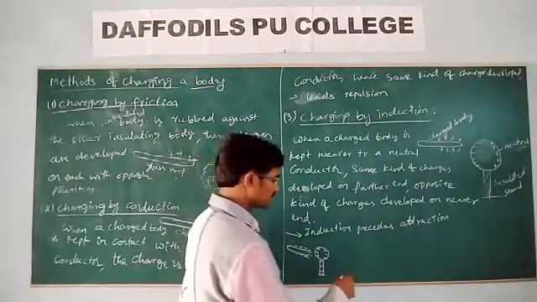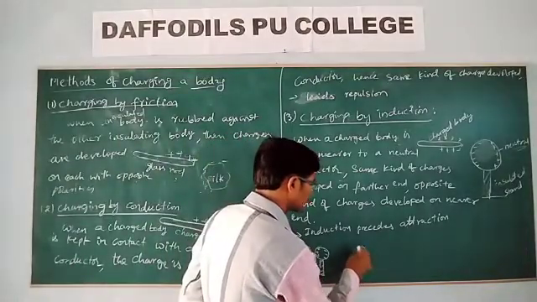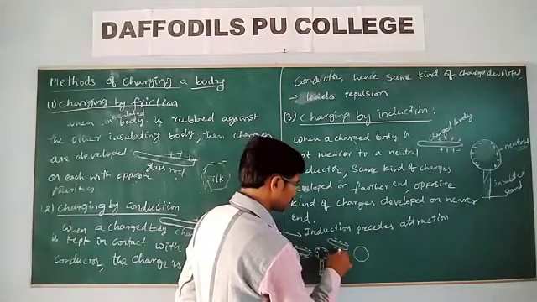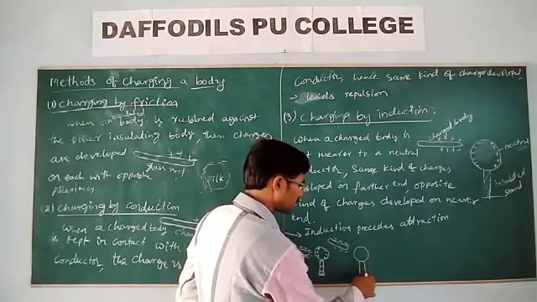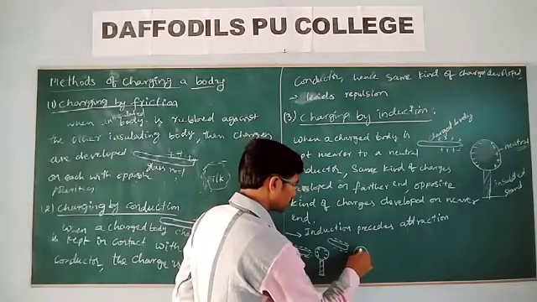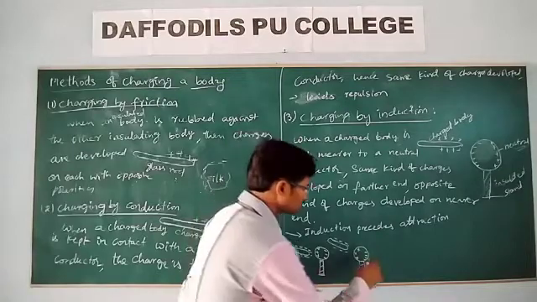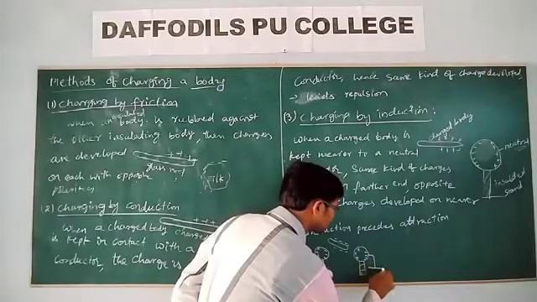Now in the second case, let me take this charged body, which is negative, near to that body only. But what I have done is this end is given earthing.